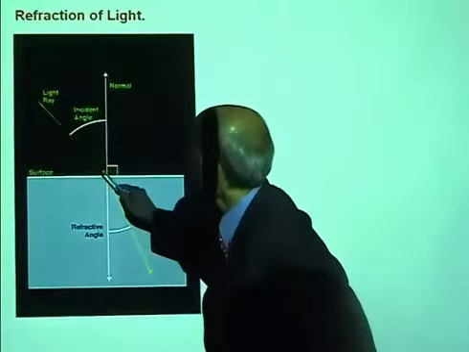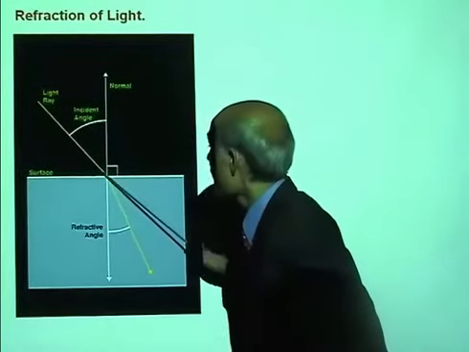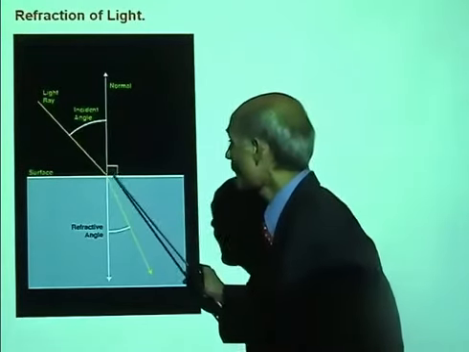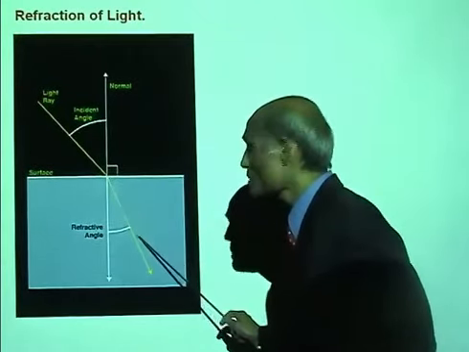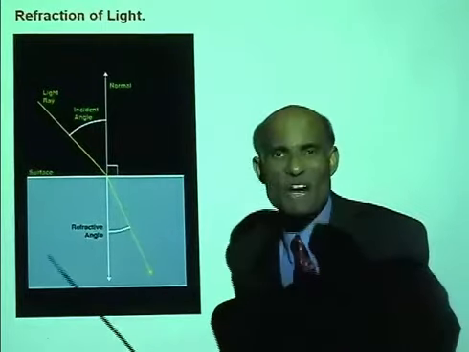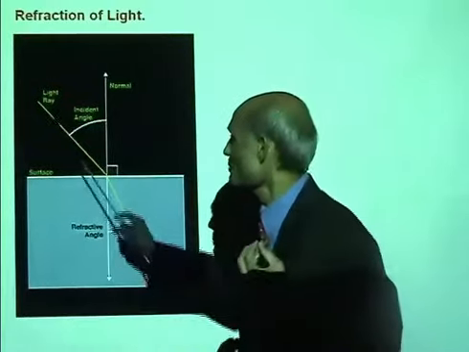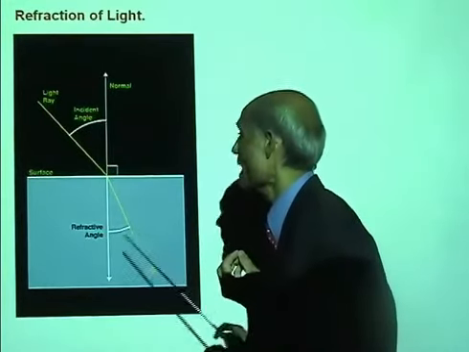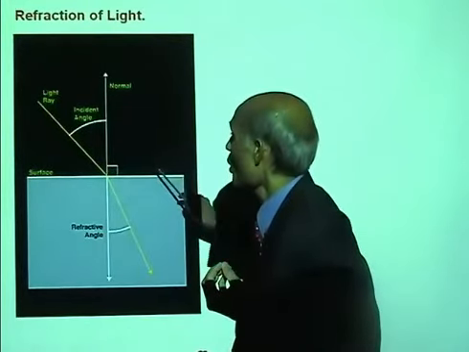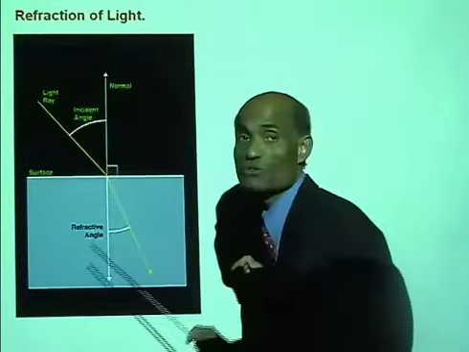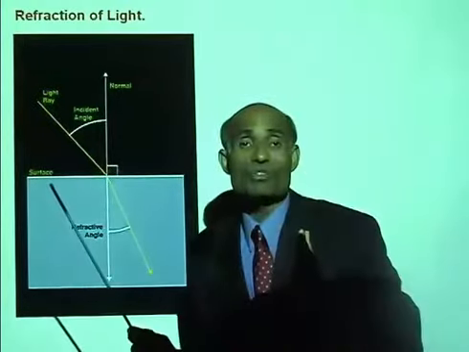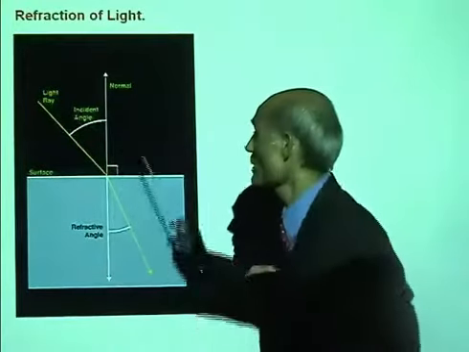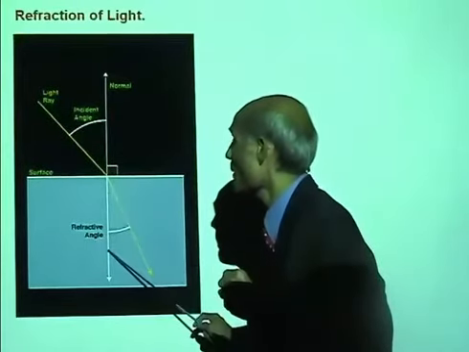Now, this ray that falls on the glass is called the incident ray, and the ray that goes into the glass is called the refracted ray. So, we have the incident ray and the refracted ray. And what do you call this line? A line drawn at right angles at the point where the incident ray falls. This line is called the normal.